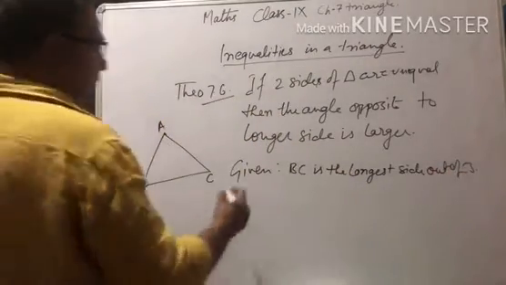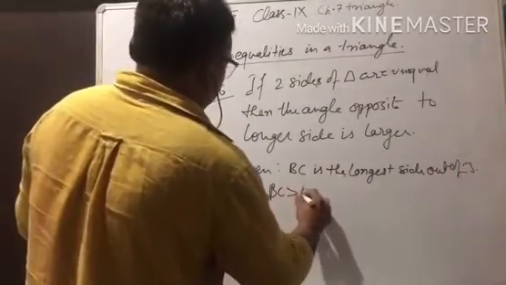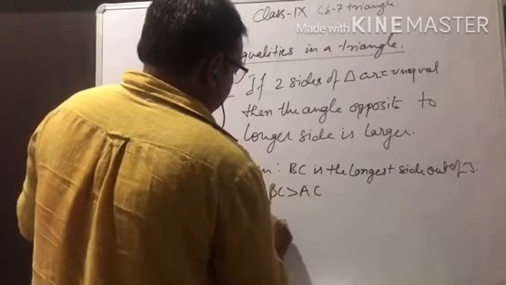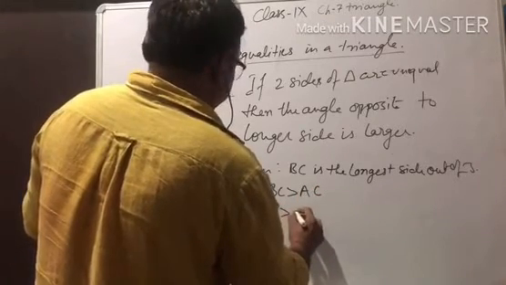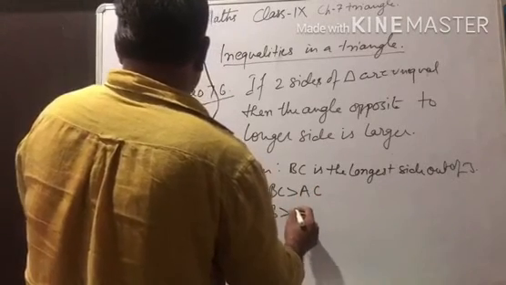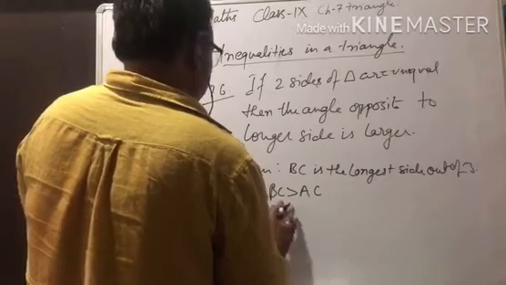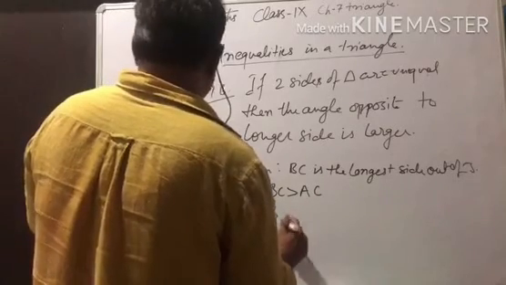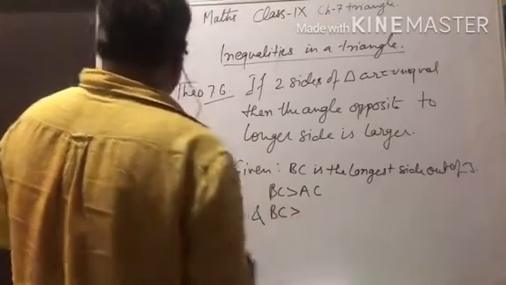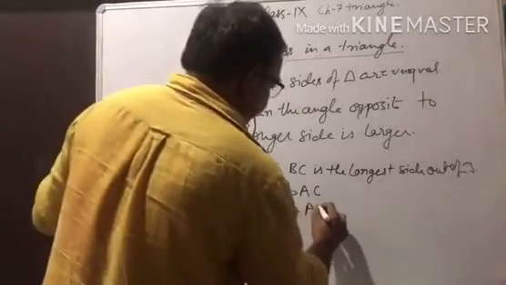So it means BC is greater than AC and BC is also greater than AB.